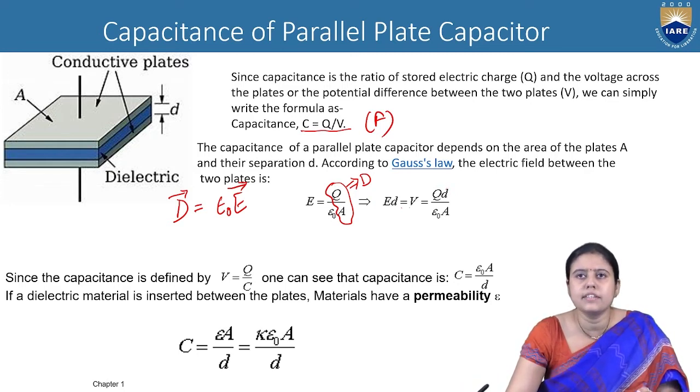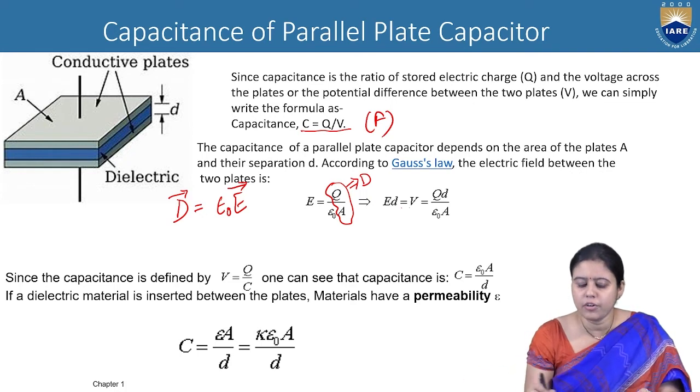Now what is capacitance? According to the definition, capacitance is Q by V. Capacitance is charge per unit potential.